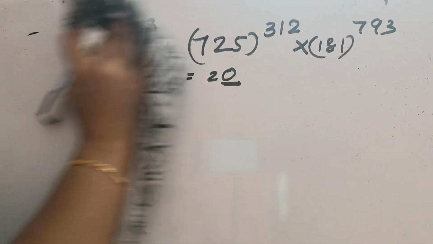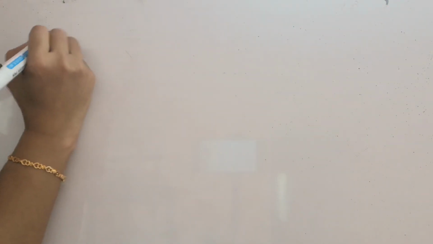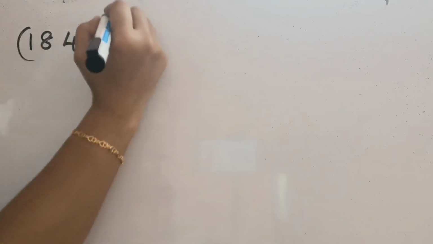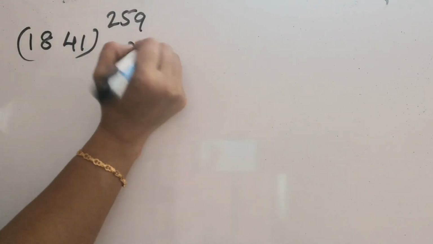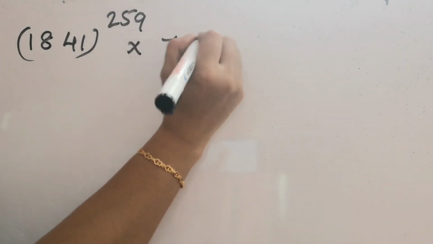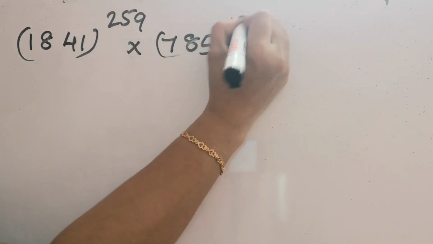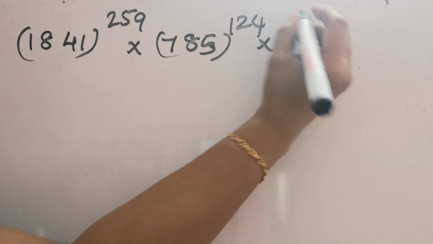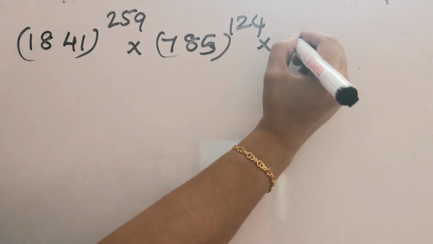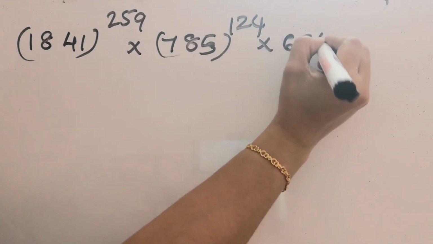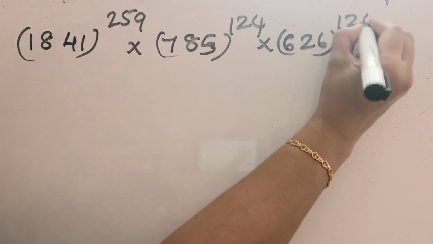For another example, 1841 raised to 259 multiplied with 785 raised to 124 multiplied with 626 raised to 124.